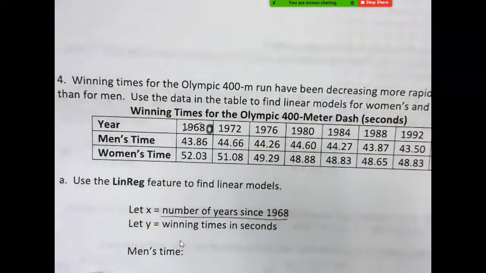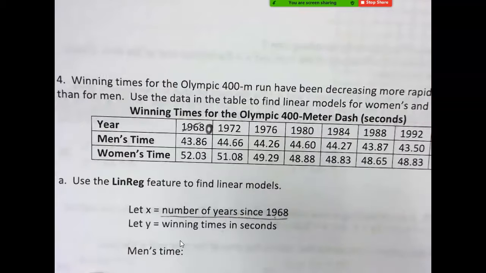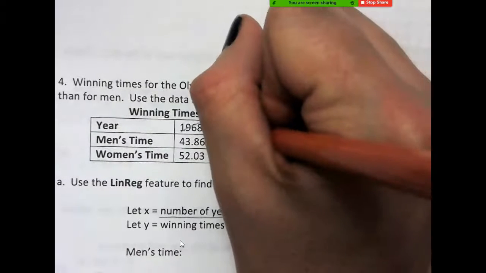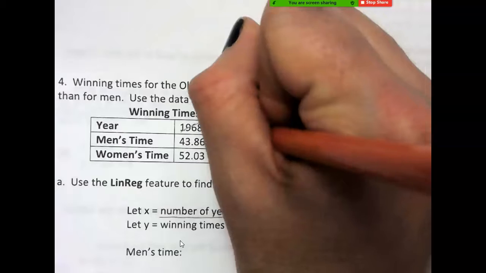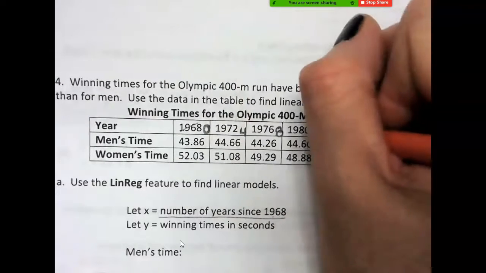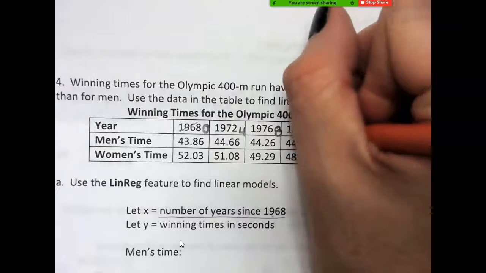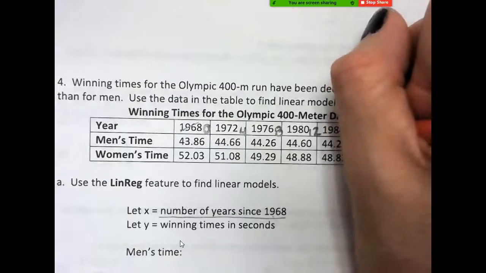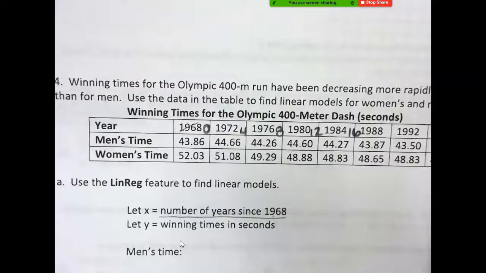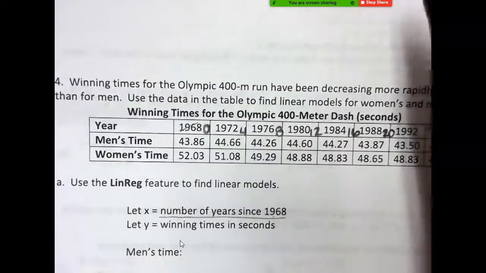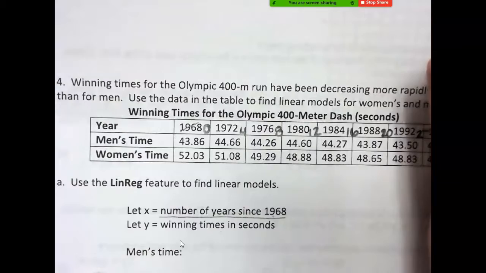So 1968 is 0 years from 1968. 1972 is 4 years. 76 is 8 years. 80 would be 12. 84 is 16. 88 is 20. 92 is 24.